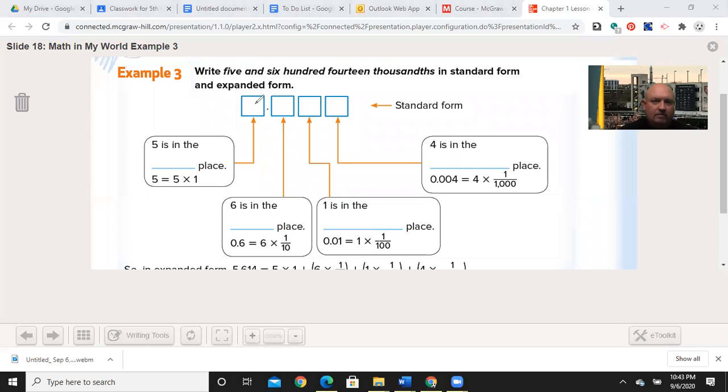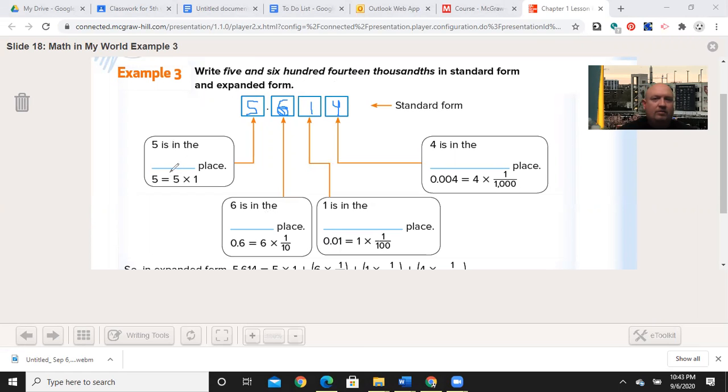And I have a 5 in my ones place. I have a 6 and 00. Look a little neater. There's a 14, so it's a 1 and a 4. So my standard form is 5.614.